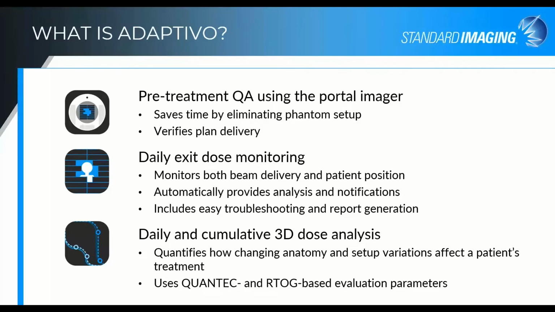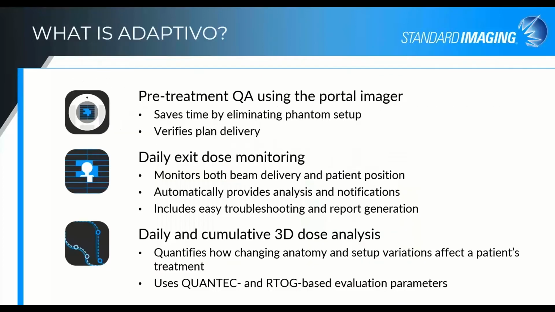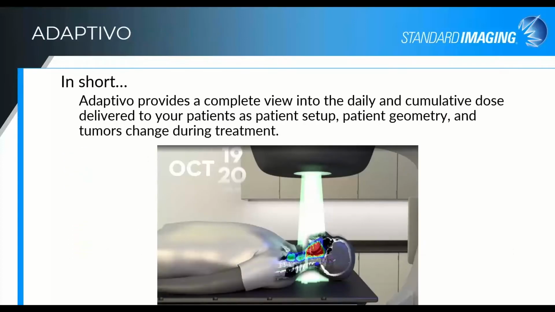We use by default Quantec and RTOG-based evaluation parameters, and certainly you can customize those as well. So in short, Adaptivo provides a complete view into the daily and cumulative dose delivered to your patient, as far as setup, patient geometry, and tumor changes during treatment.